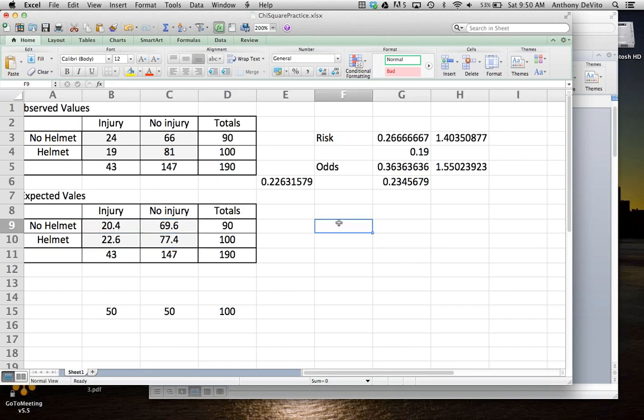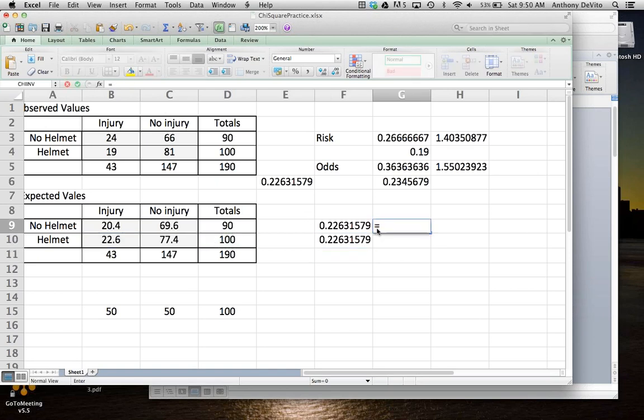So in other words, our relative risk is going to be equal to 20.4 over 90 for wearing a helmet, versus not wearing a helmet, 20.4 over 90... let me just put this in here, equals 22.6 over 100.